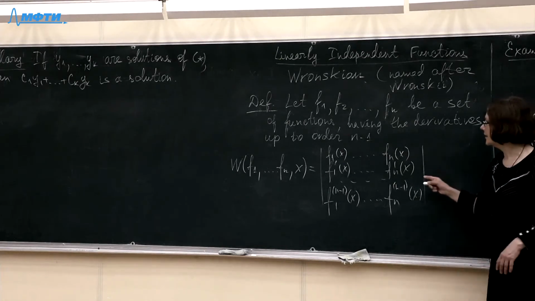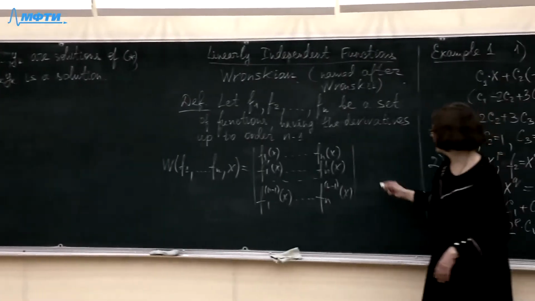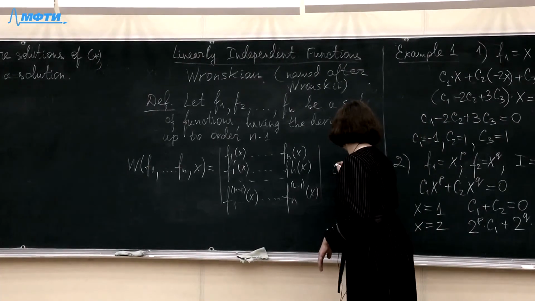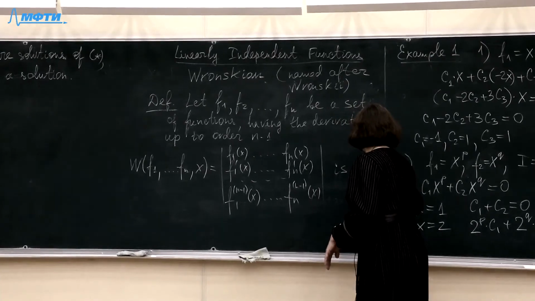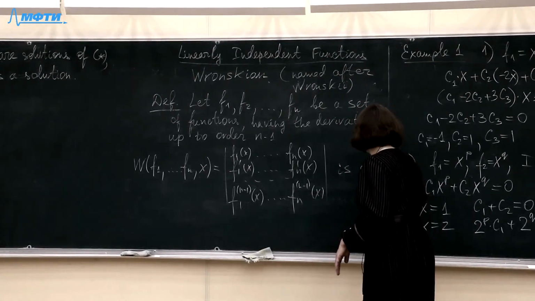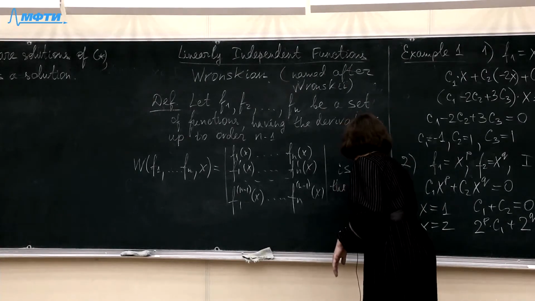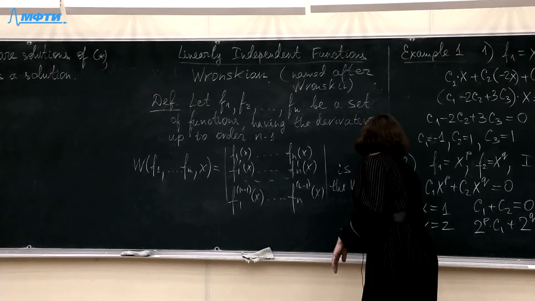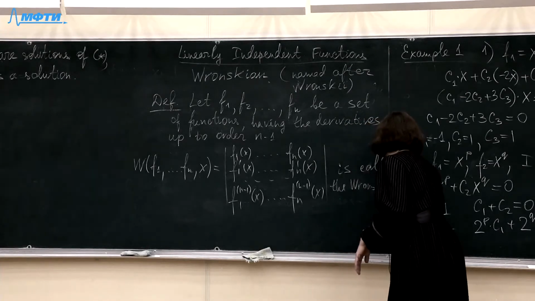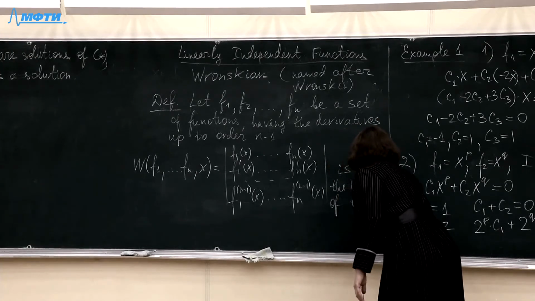So this determinant is called the Wronskian of the set of functions.